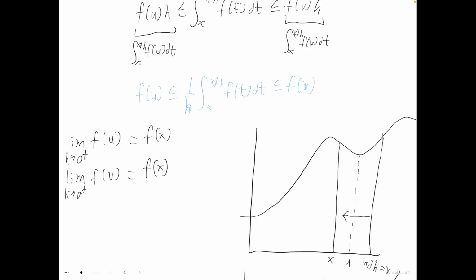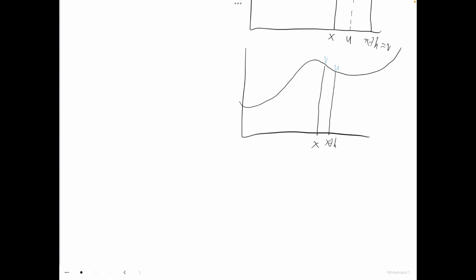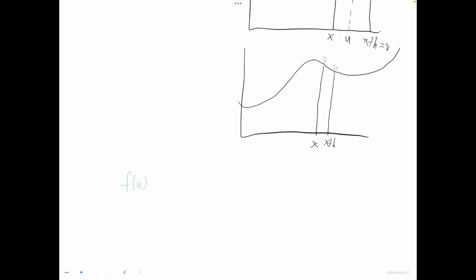Okay? And so now, why this is interesting to us is we have that f of u is less than or equal to 1 over h times the integral from x to x plus h of f of t dt, which is less than or equal to f of v. And we just computed that the limit of f of u is f of x, and the limit of f of v is f of x.